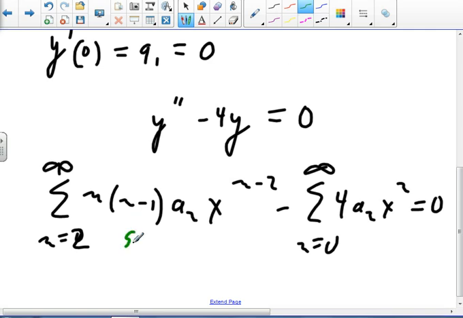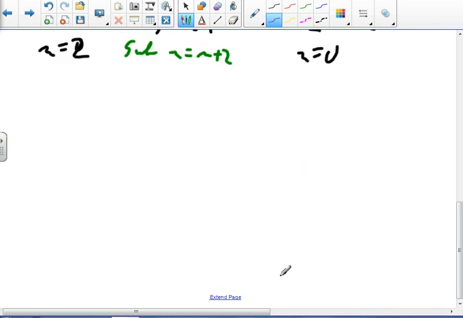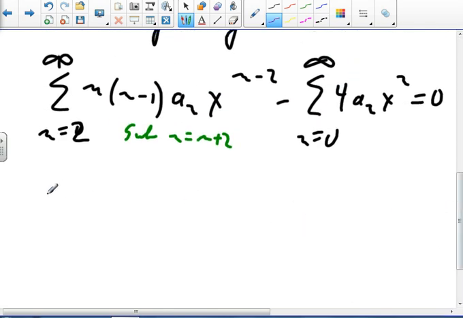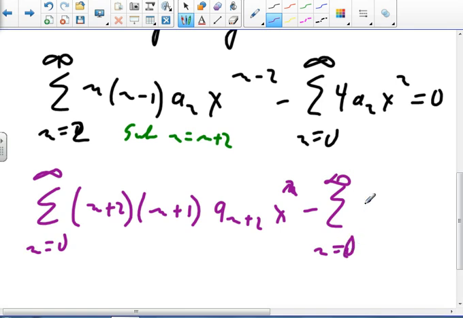I'm going to do a substitution, n equals n plus 2, so that I get both my x's raised to the same exponent, which would be convenient. Summation n equals 0 to infinity, n plus 2, n plus 1, a_(n+2) x to the n, minus summation n equals 0 to infinity, 4 a_n x to the n equals 0.